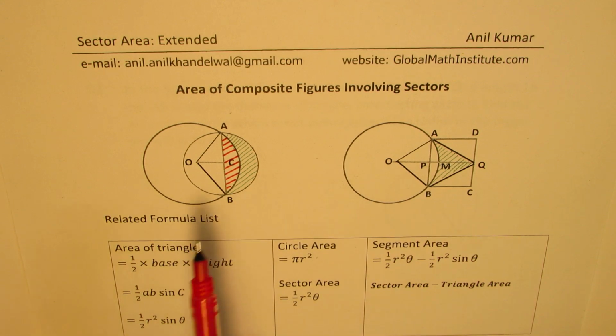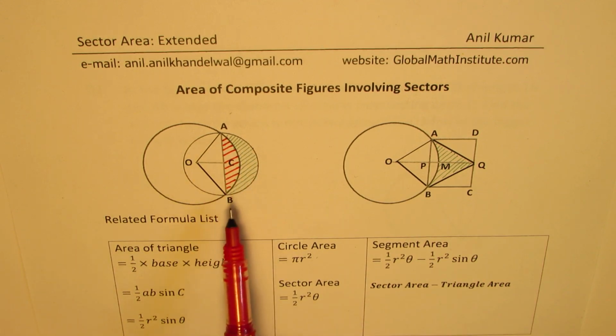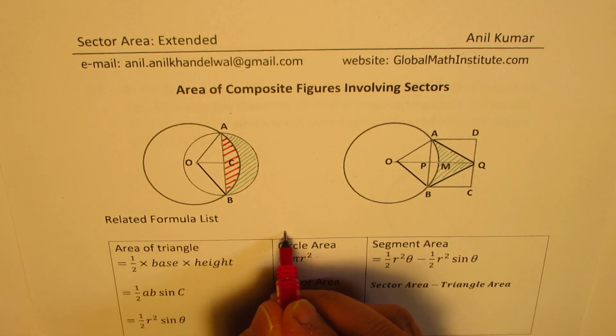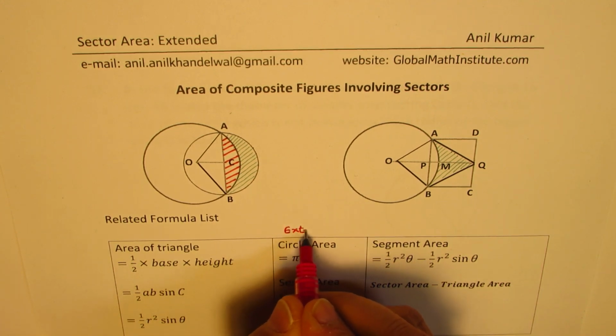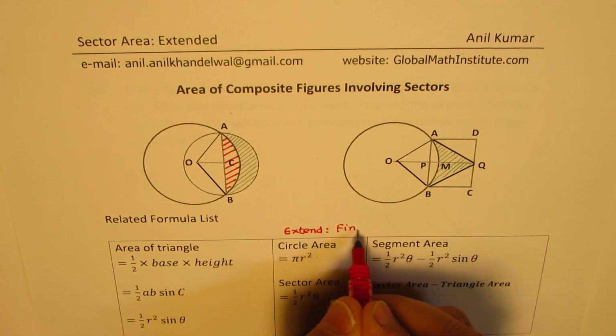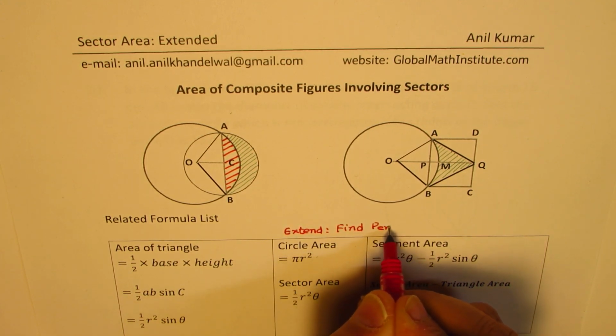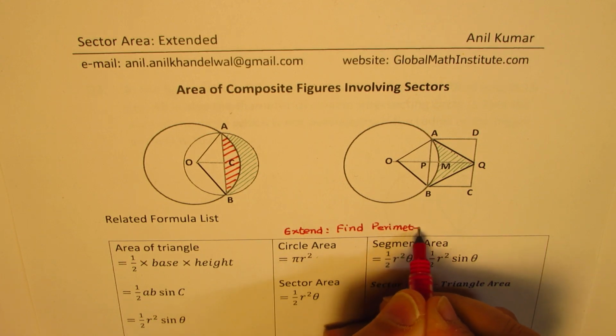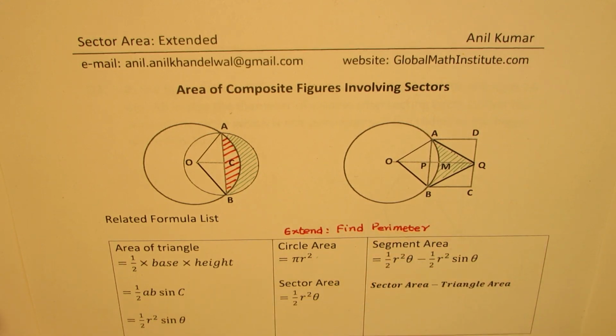Now, related with this is also to find the perimeter of the shaded region. You can always extend the question to find the perimeter. Once you calculate all the side lengths, you just add them up to find the perimeter, which will not be a part of this video.